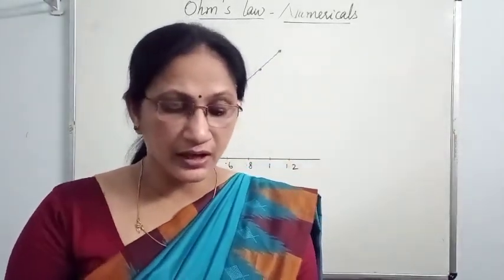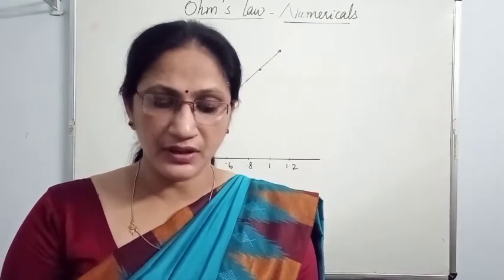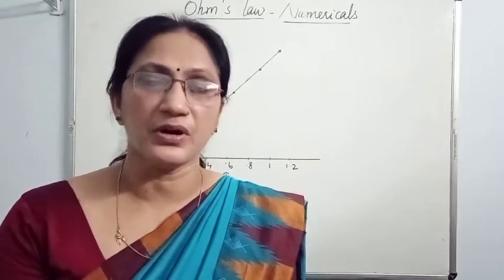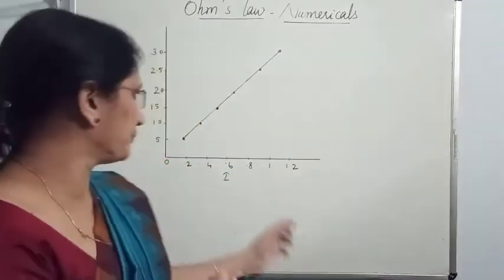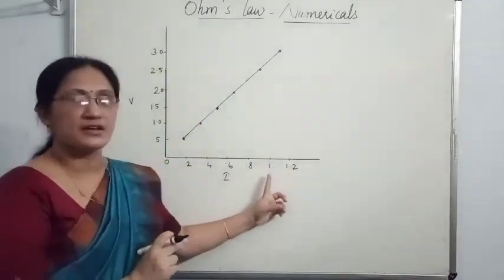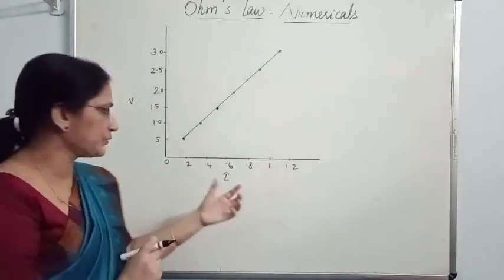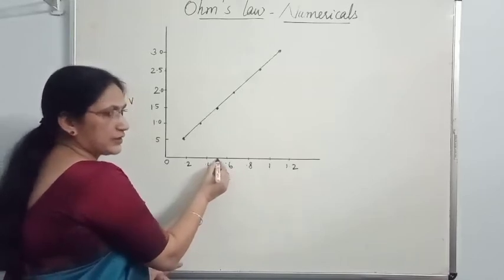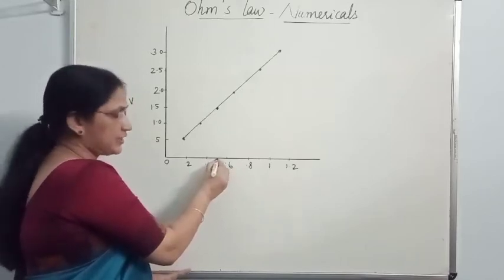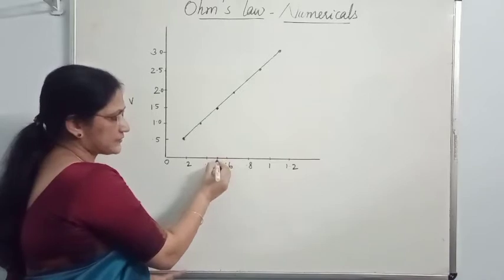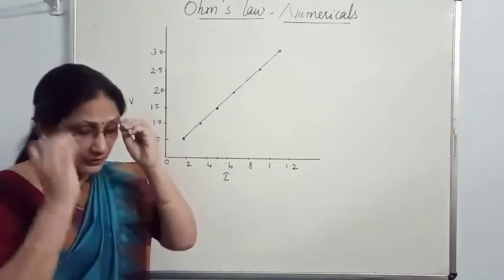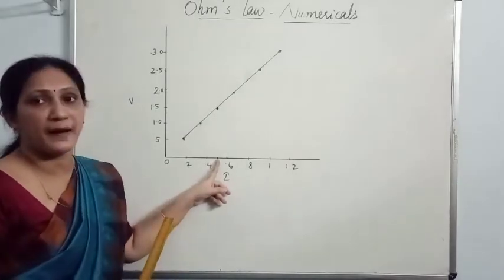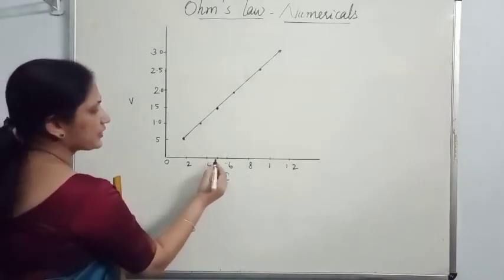First one is calculate V when I is 0.5. When I value is 0.5, what is the corresponding V value? So on the x-axis, where will 0.5 come? It will come between 0.4 and 0.6, the midpoint. Then for the 0.5 ampere current, what is the corresponding V value?